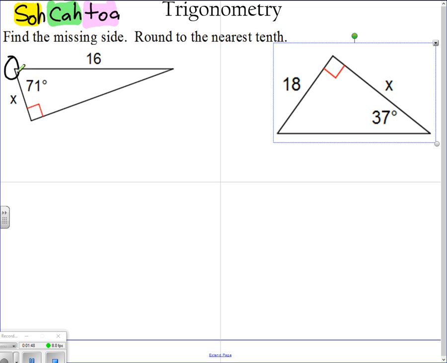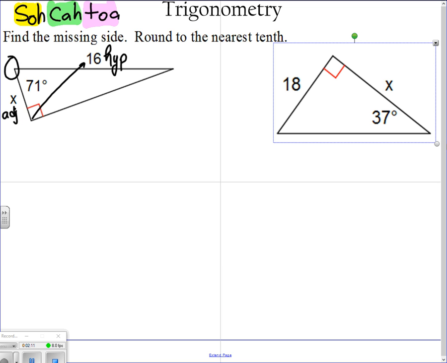Now, if I'm standing right here, this will be known as the hypotenuse. And why do I know that's the hypotenuse? Because that side is opposite to the 90-degree angle. And this is the adjacent. That means that it is right next to me. If I'm standing here, that is the adjacent.